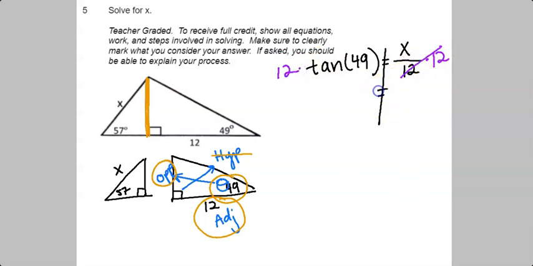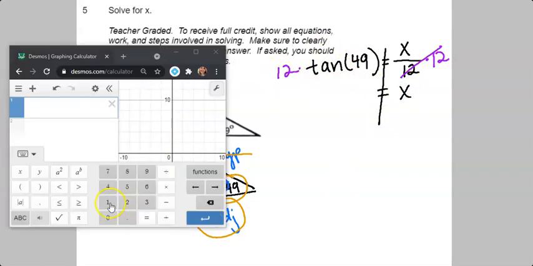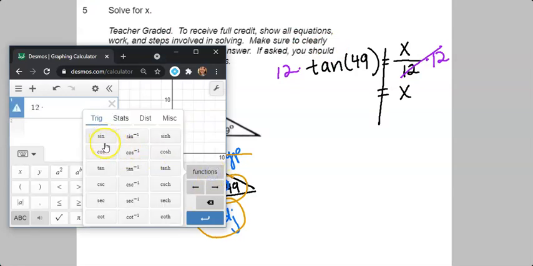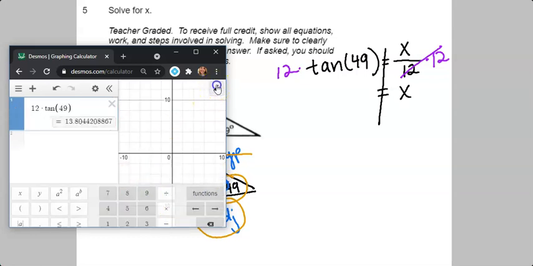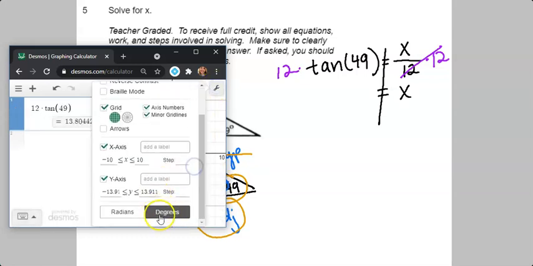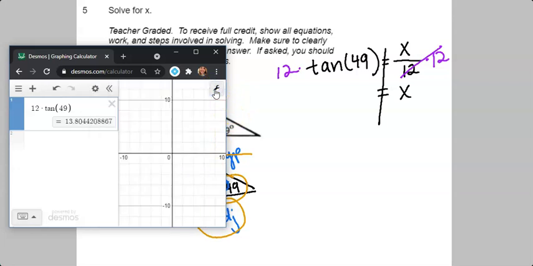At this point, X is by itself, so it is calculator time. So let's grab Desmos. All right, so 12 times tangent, and we're going to be doing 49. Again, double check that you're in degrees. And so we get X is about 13.8.